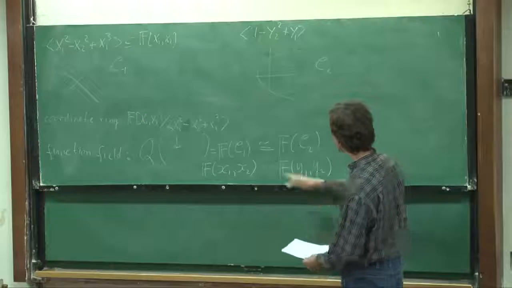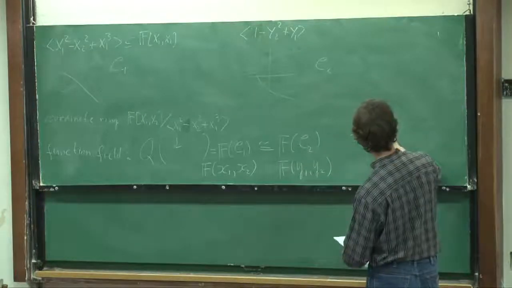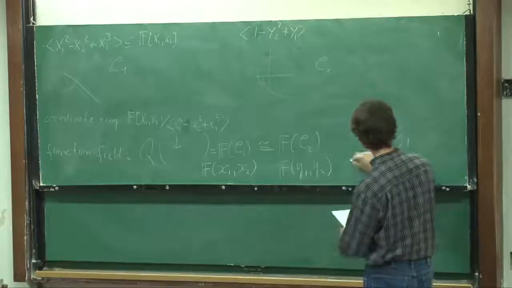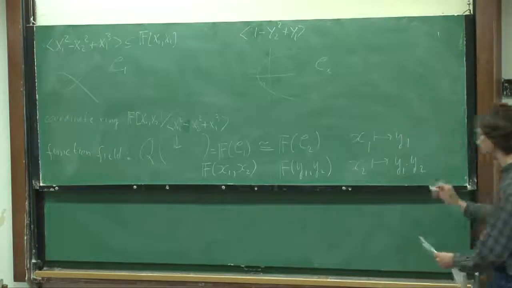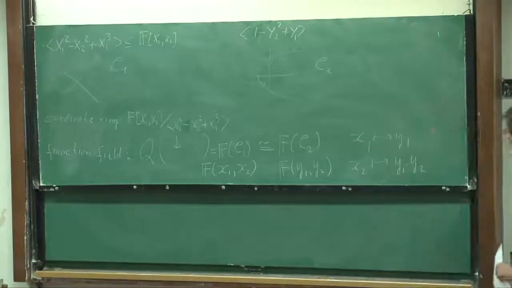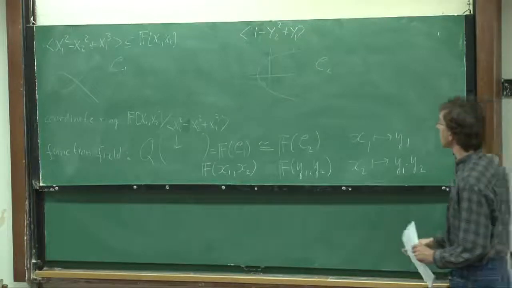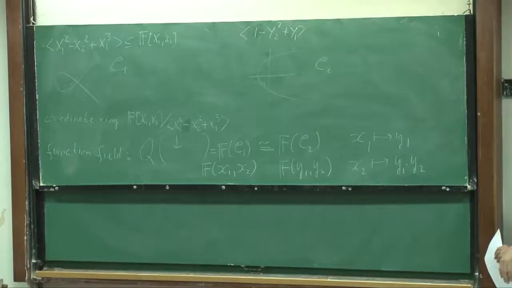And then you can see that these two are isomorphic. And how do you do this? You just send x1 to y1 and x2 to y1 times y2. And you can show that this is going to be a field isomorphism. So what I really did in the geometric sense is I blew up the singularity.